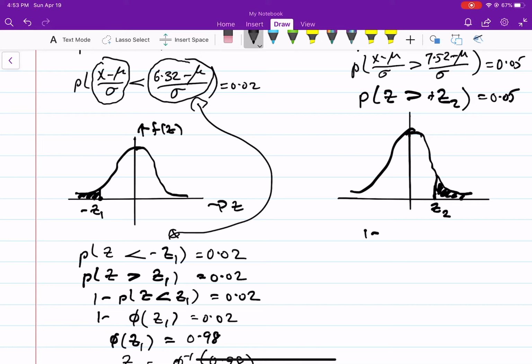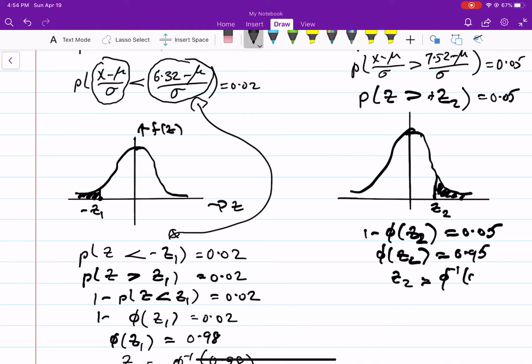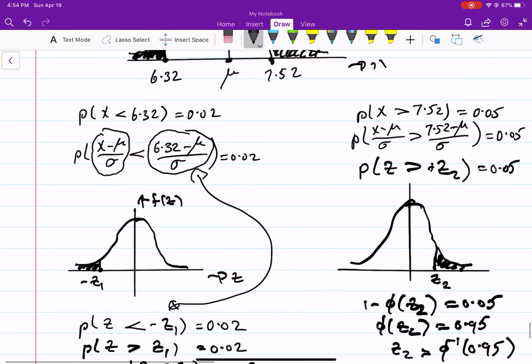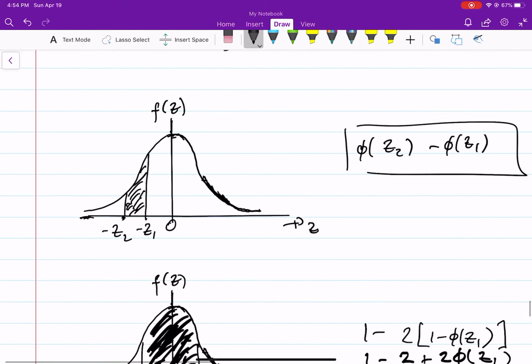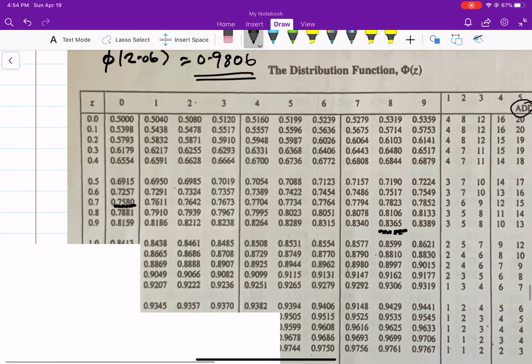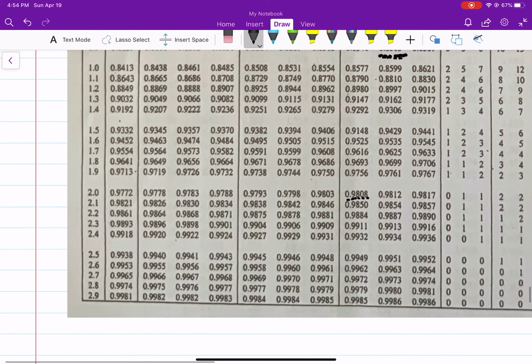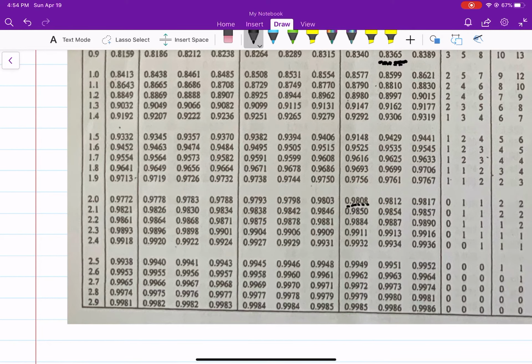So this becomes 1 minus phi of Z2 is equal to 0.05. Phi of Z2 is equal to 0.95. Z2 is equal to phi inverse of 0.95. Lookup tables, part that I hate. Phi inverse of 0.95. 0.9495.